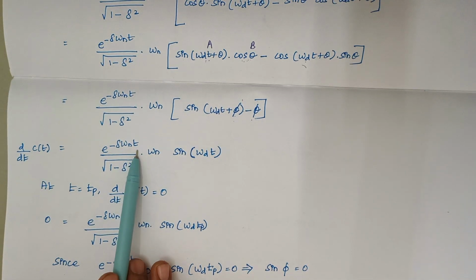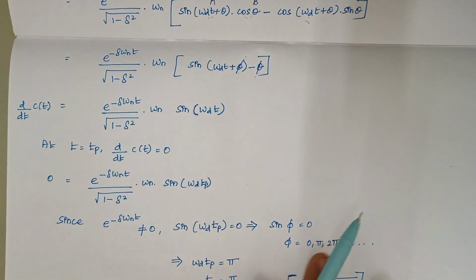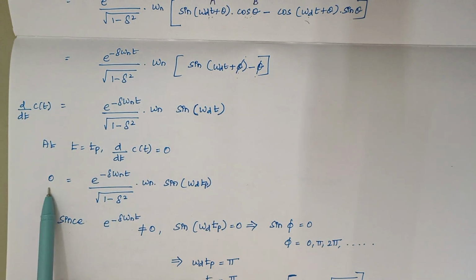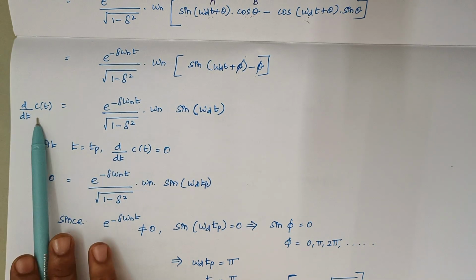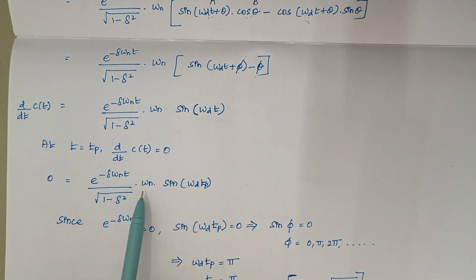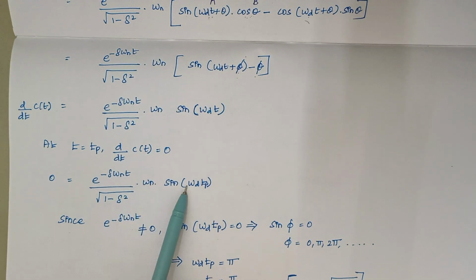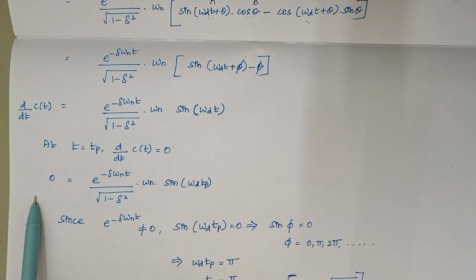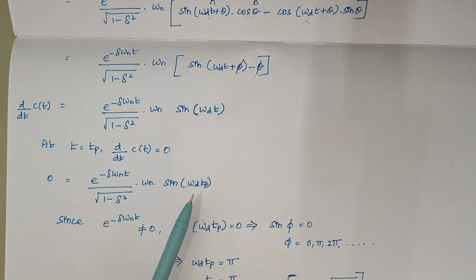So this becomes P, and here also the equation becomes P, and the value when differentiating should be equal to 0. So here I am making this differentiated term equal to 0. Again, here we are having 1, 2, 3 terms. And finally, if any one term is equal to 0, this entire expression will be equal to 0, because these 3 terms are in multiplication.